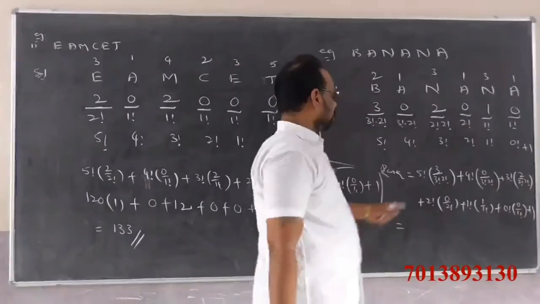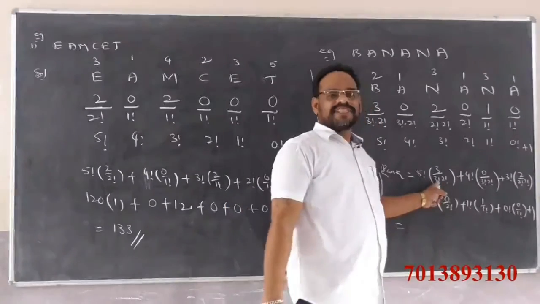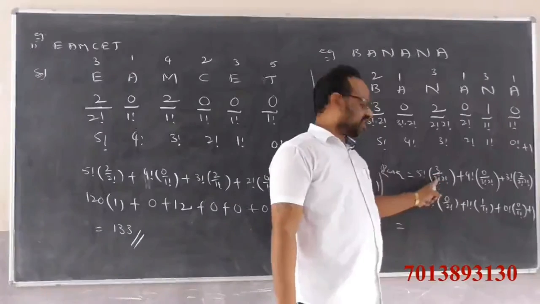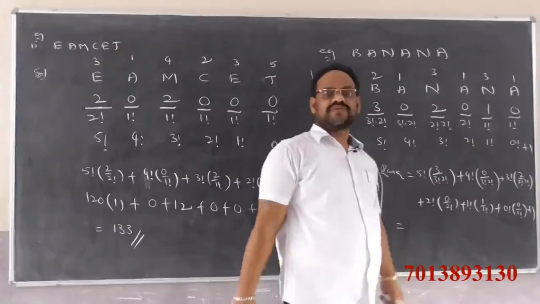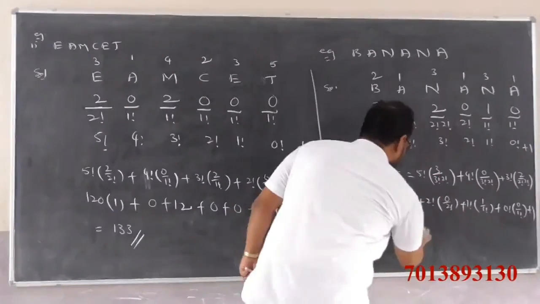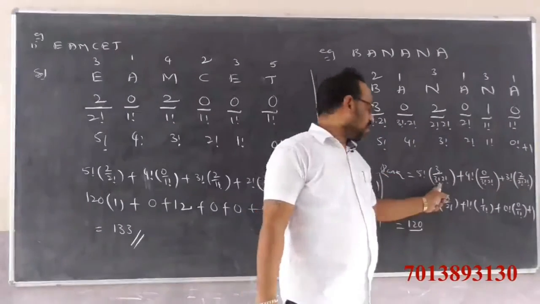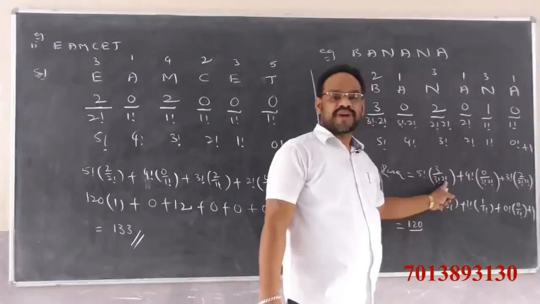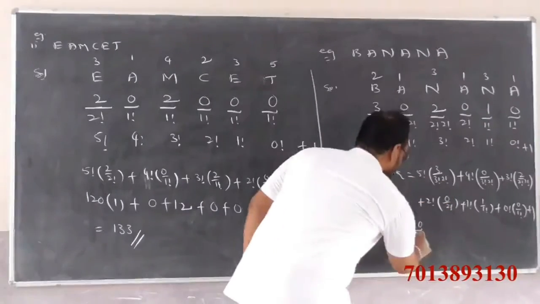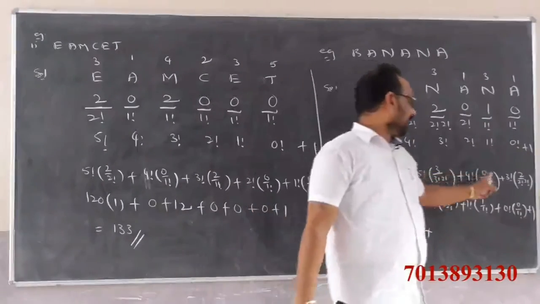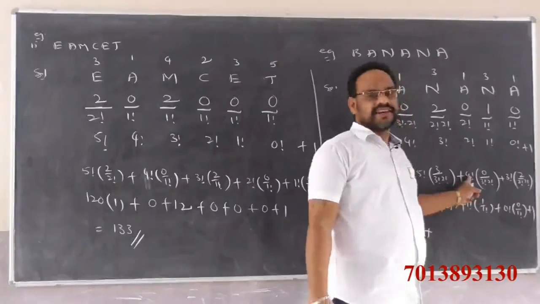Already we know that 3 factorial is 6, so 3 twos are 6. 5 factorial means 120. So 120 by 6 here, 3 and 3 get cancelled. We have 2 into 2 factorial means 4. So clearly 4, plus 0 by anything is 0, 0 into anything also 0.